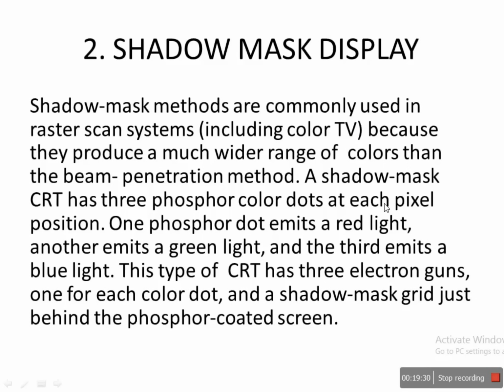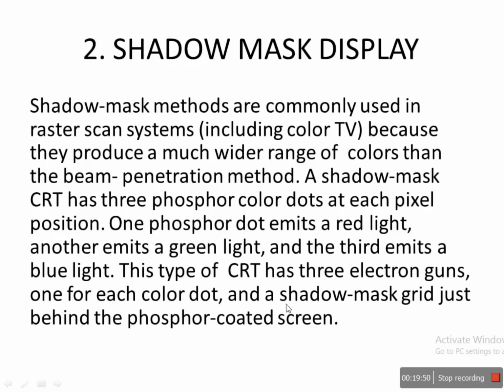It was quite complex, because every pixel has three different color dots of phosphor. One phosphor dot emits red light, another emits green light, and the third emits blue light. This type of CRT has three electron guns, one for each color dot.